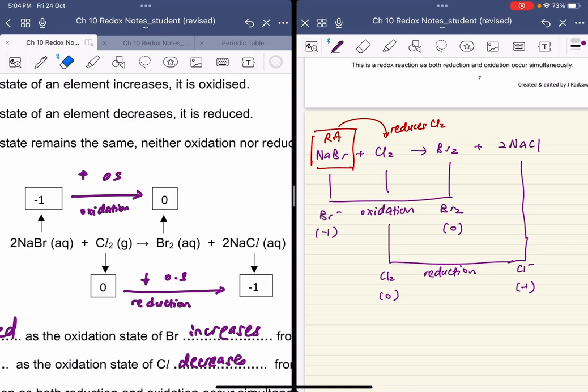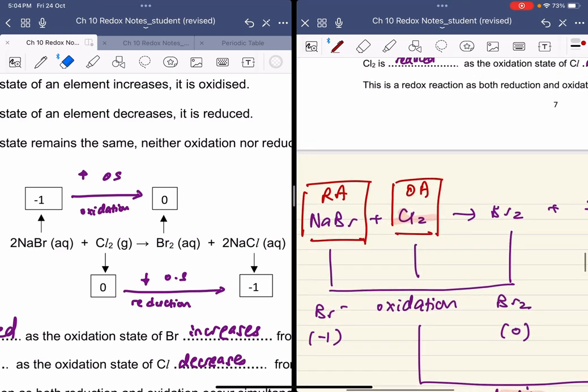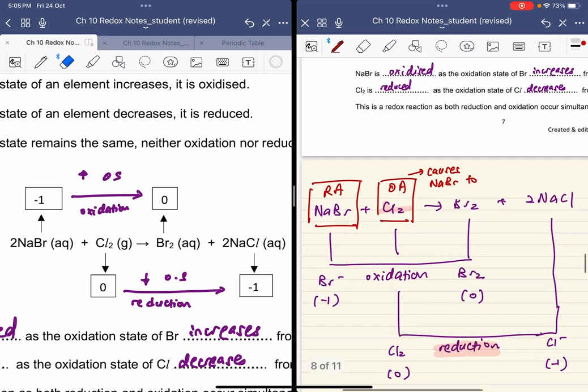If there is a reduction happening here, this one is an oxidizing agent. Okay, so this one causes oxidation. This one causes chlorine to be reduced.